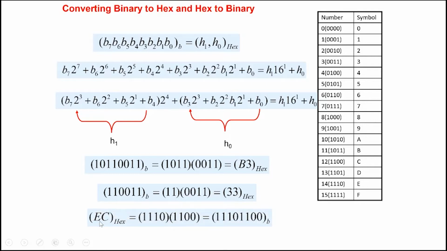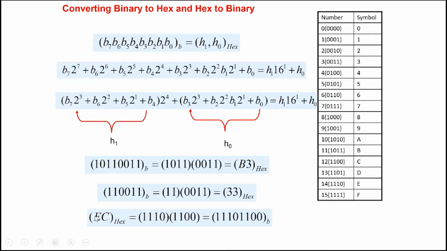And what about converting a hex number back to a binary number? Well, for example, E, go back here, E is nothing but 1110. So you write it as 1110 here. And C is 12, 1100 here.